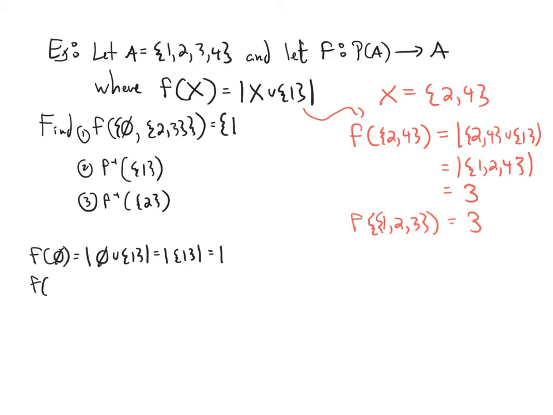And we need f of {2, 3}. This is the size of {2, 3} union the set with 1 in it, which is the set {1, 2, 3}. And the number of elements in {1, 2, 3} is, of course, 3 elements. So the image of this subset of the power set, where each element is an element of the power set, so a subset, is {1, 3}. Okay.